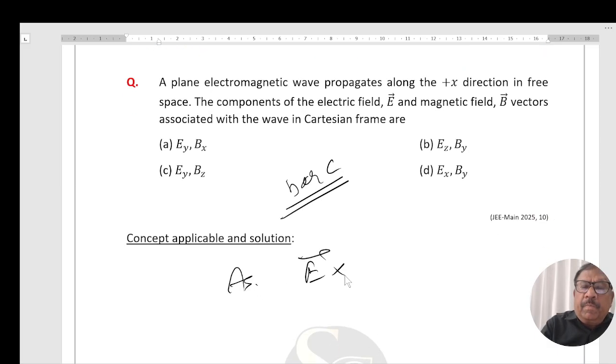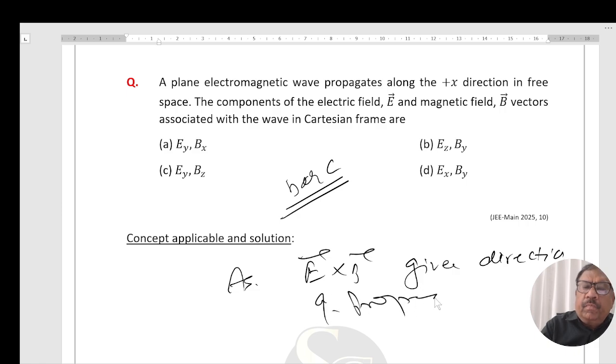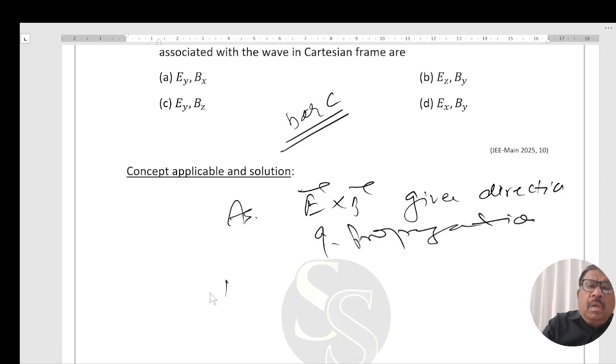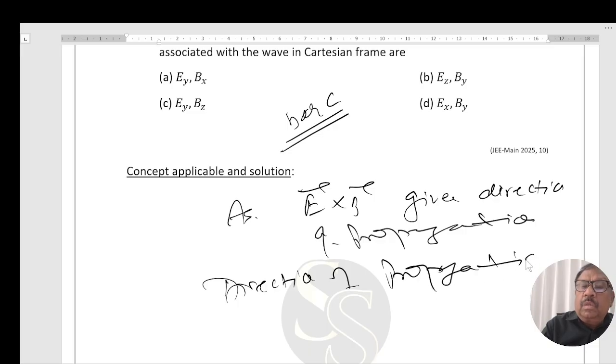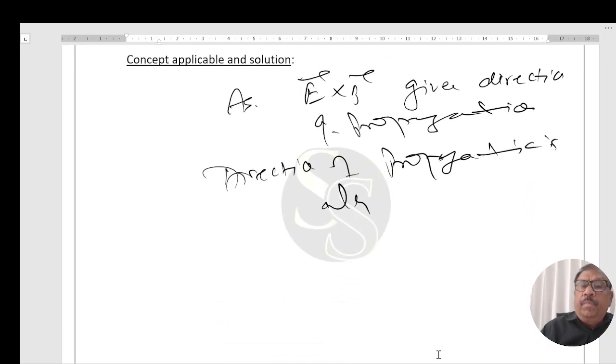E cross B gives the direction of propagation. The direction of propagation is along the positive x-axis, that is along i.